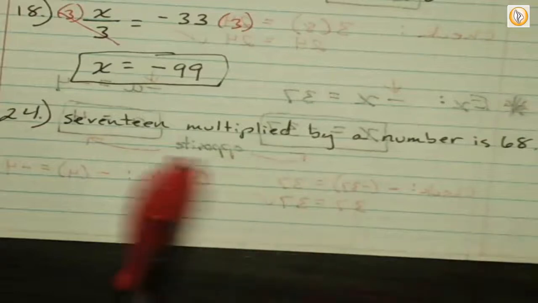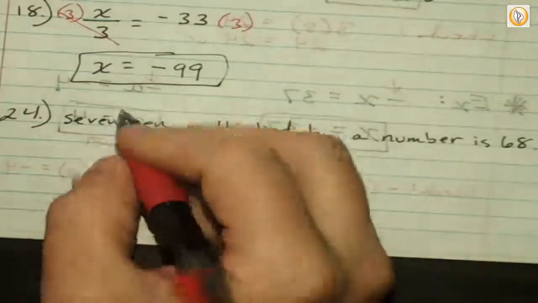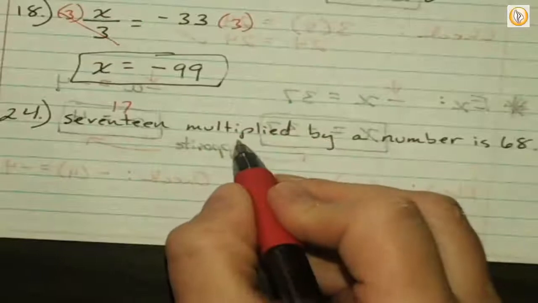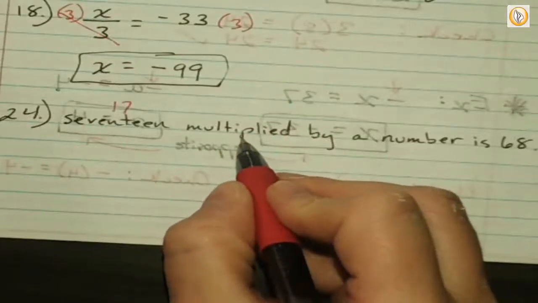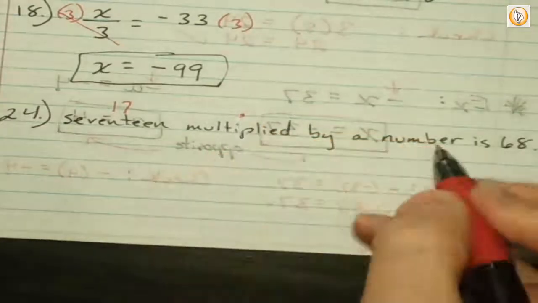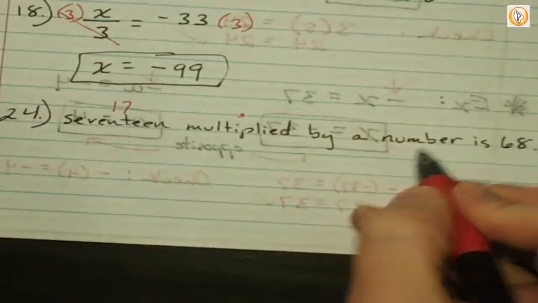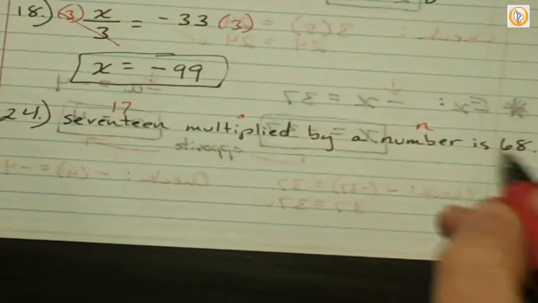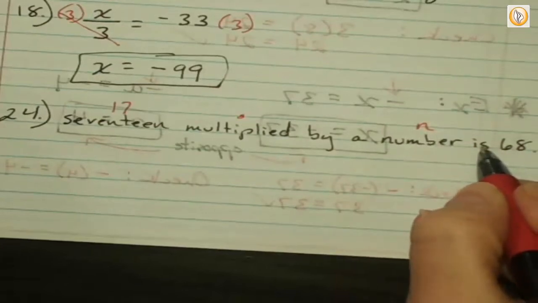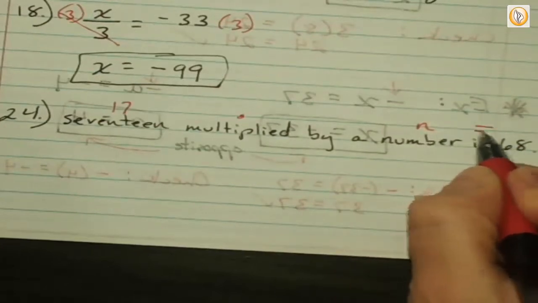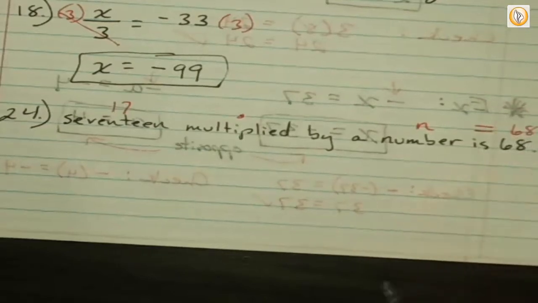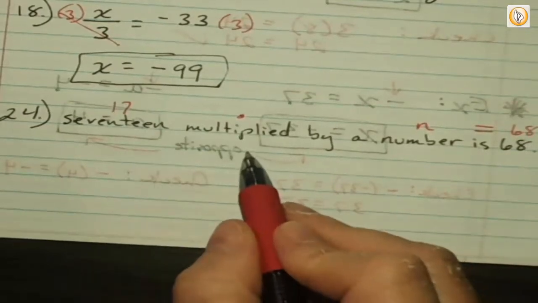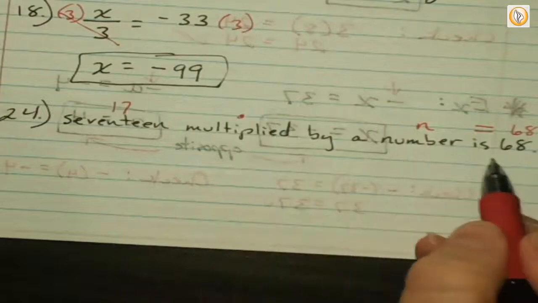All right. What is 17? 17. What is multiplied? Times. And I'm going to put a dot because we're about to do a letter. What is number? N. He wants to call it N. What is? Equals. And then, of course, we have 68. So 17 times N equals 68.